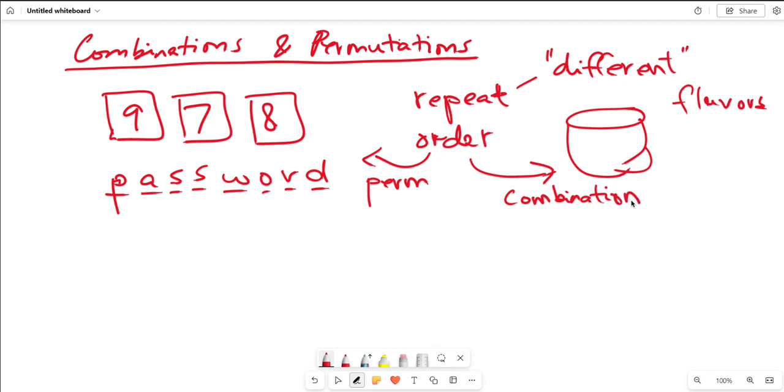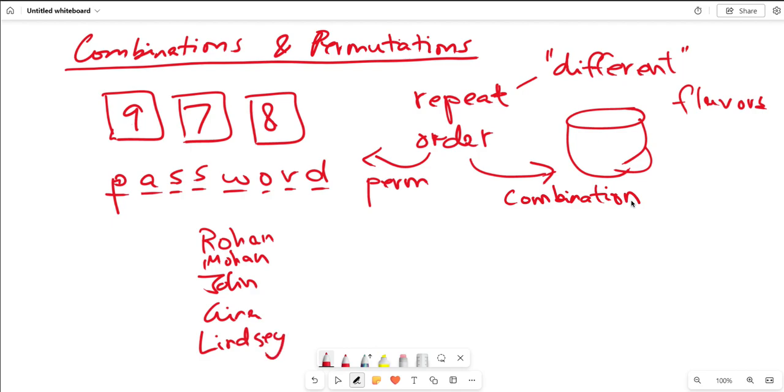So let's say that you had a bunch of students. Let's say you had 5 students: Rohan, Mohan, John, Gina, and Lindsay.